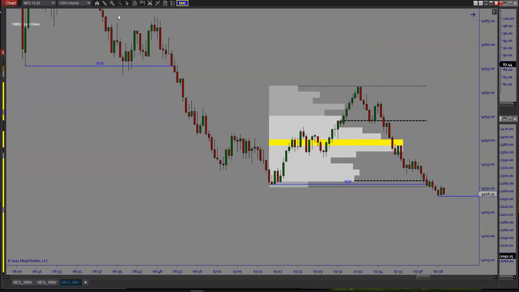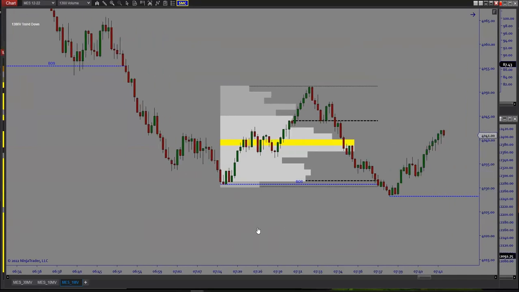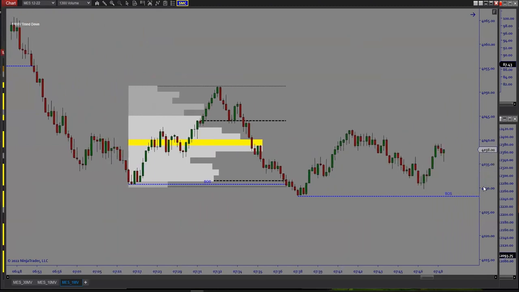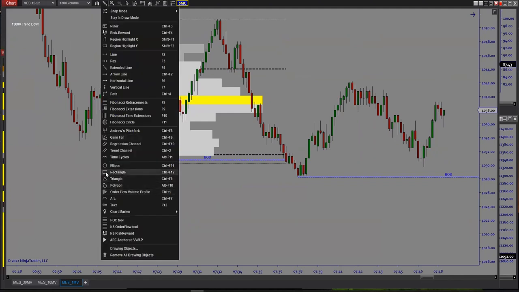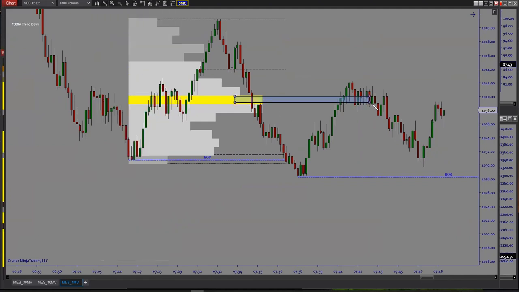And you can see the wall of volume is here. So I want to show you the point of control here. You can see the point of control, how it came back in and retested the point of control. Now, normally what you're going to do for these situations, if you're trading this at the point of control, you put your entry at the point of control and you put your stop loss at the swing that led that pullback.